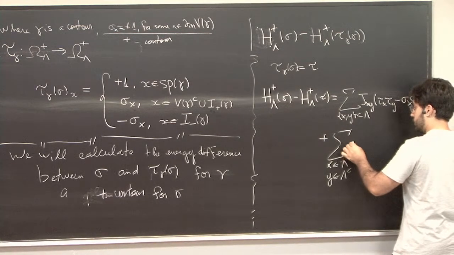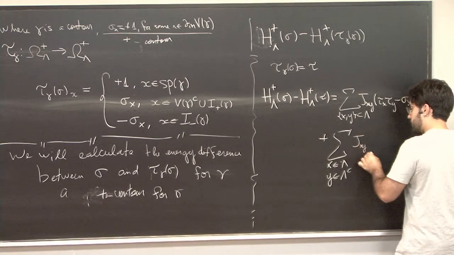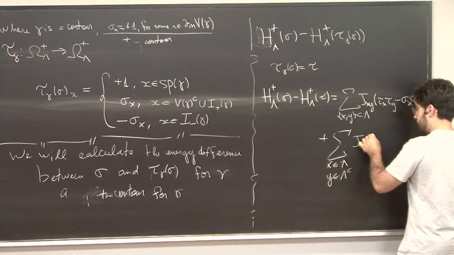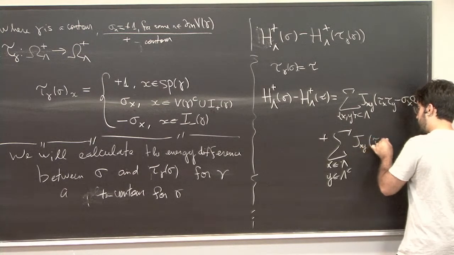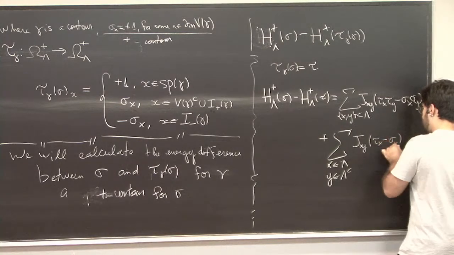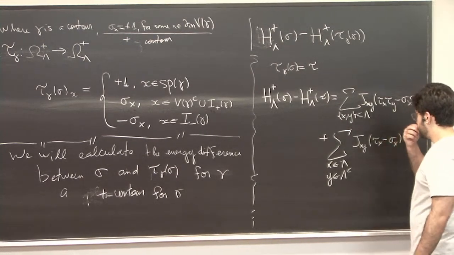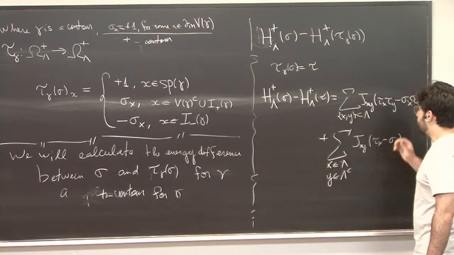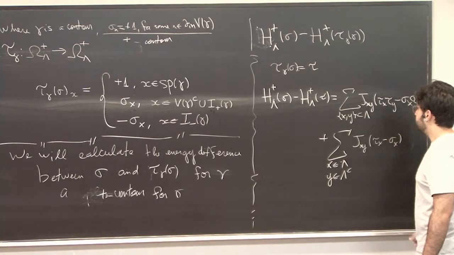J_xy tau x minus sigma x. We have a plus boundary condition, so it's just this term right here.